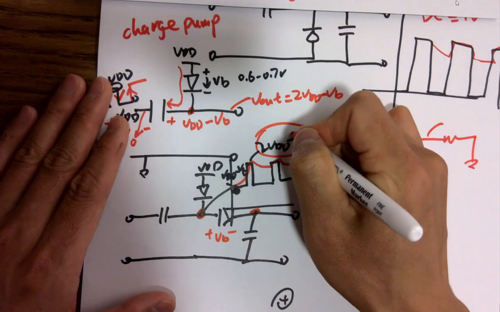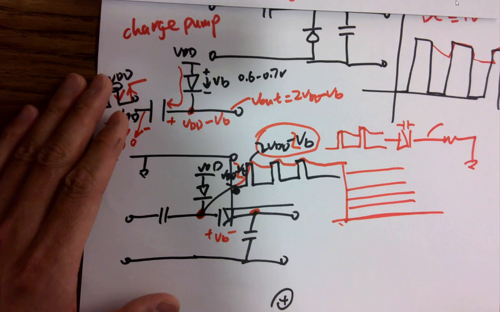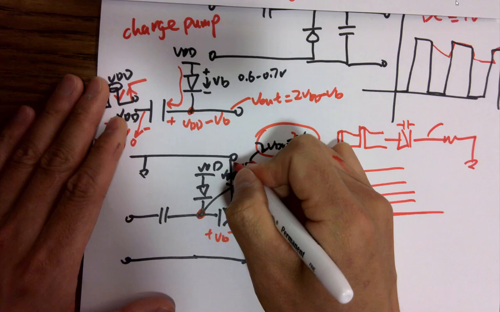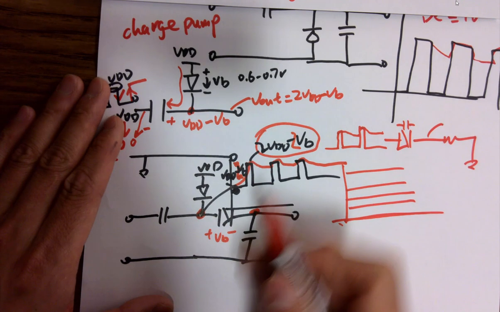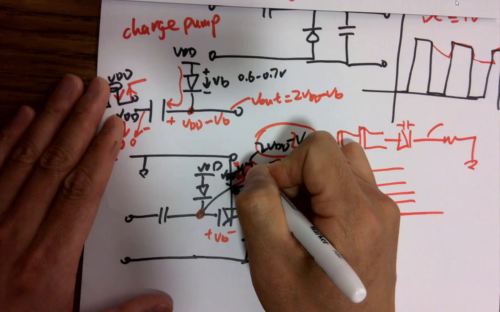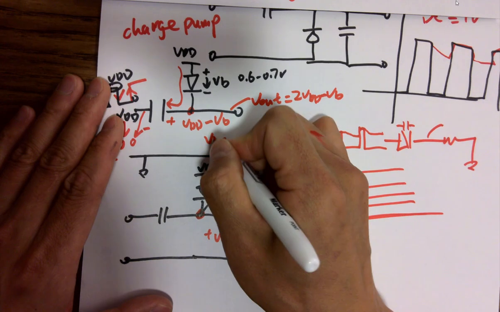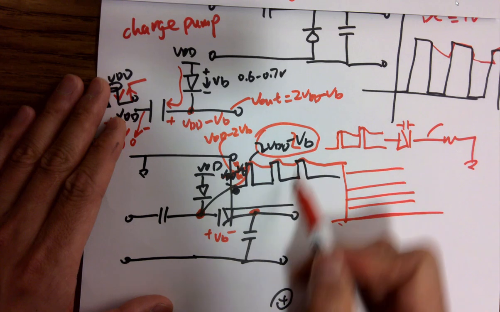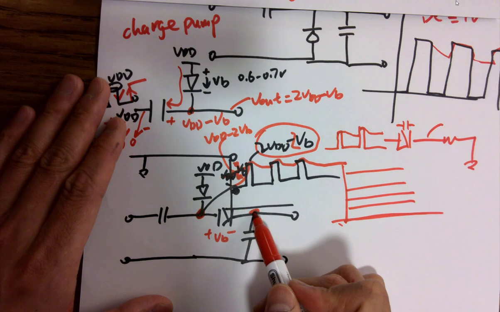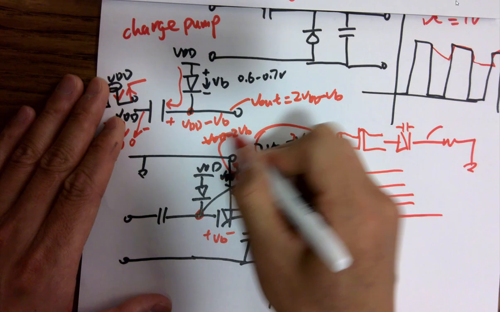Should be 2 VDD minus 2. This is not changing. Wait, VDD minus VB over here, and actually it's changing. So this is VDD minus 2 VB, and 2 VDD minus 2 VB. So that's going to be the oscillation. No, sorry.